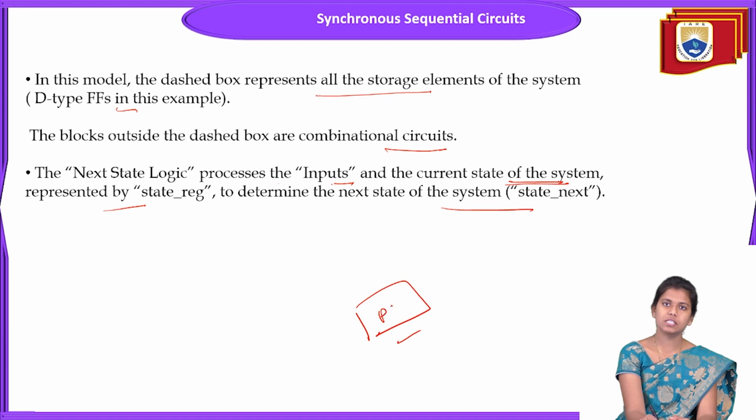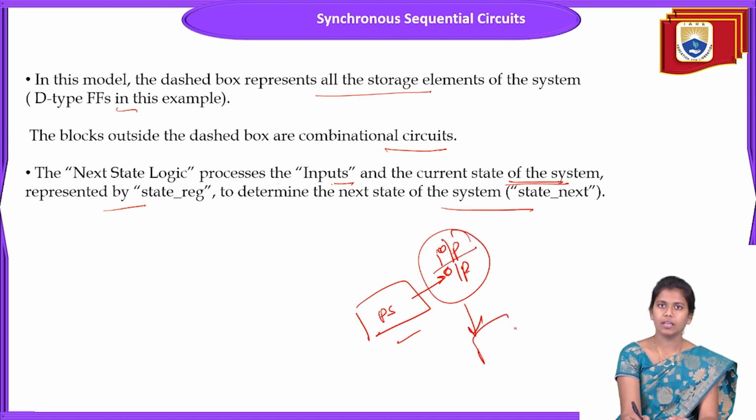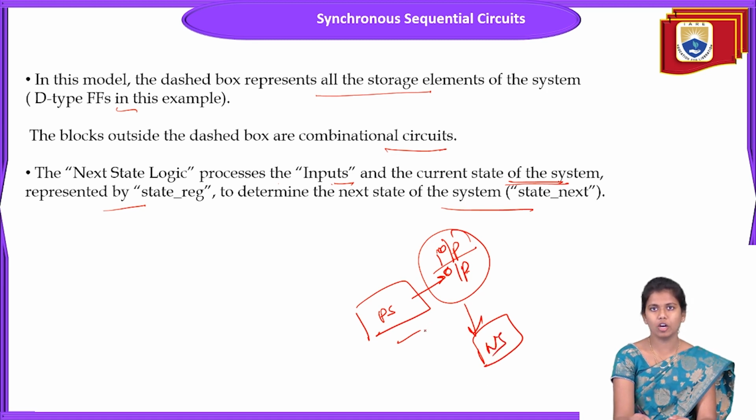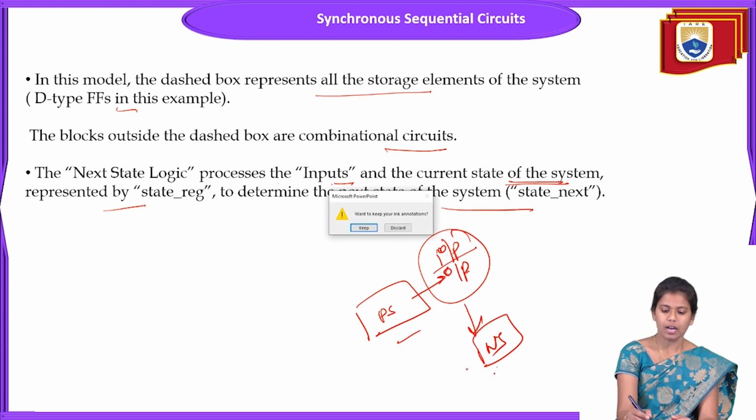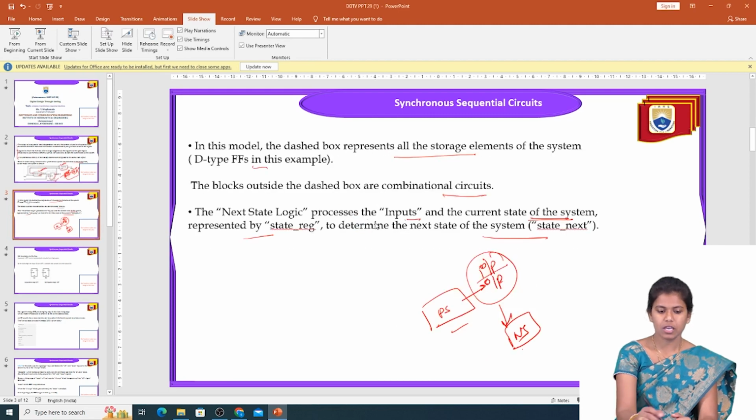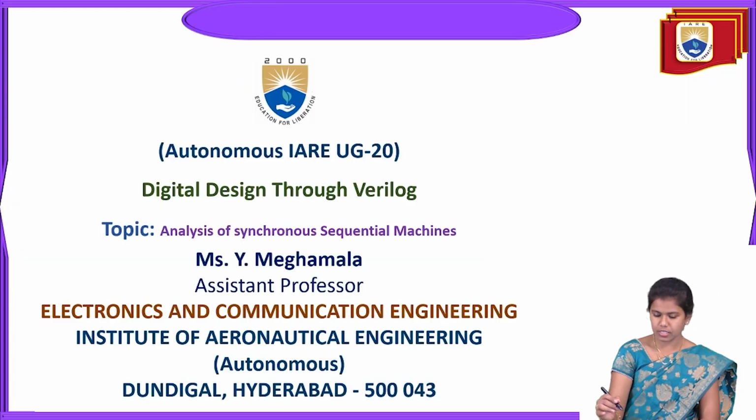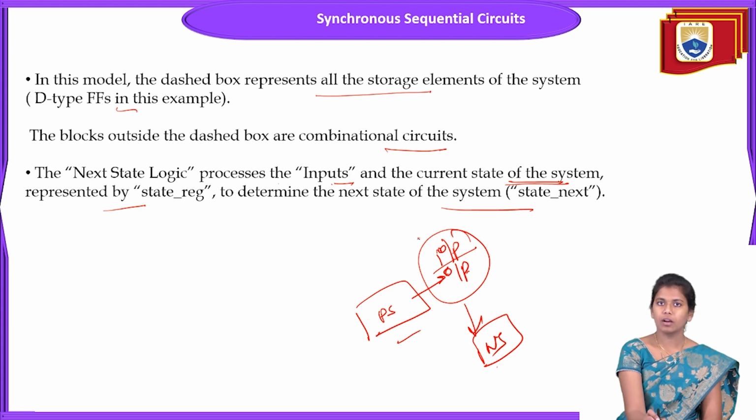The inputs and the outputs of the present state together determine the next state logic. Unless you get some output of the present state, you won't get any next state logic. If you have a next state logic, it means the information is present, given with respect to the present state output. That's how the next state logic is processed.